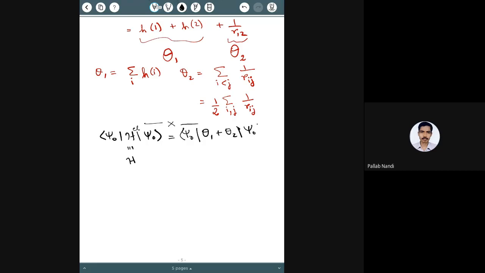So this is theta 1 plus theta 2 acting on psi 0. Inside this we have one more part. The first thing we want to do is psi 0 H 1 psi 0. So what does this look like?